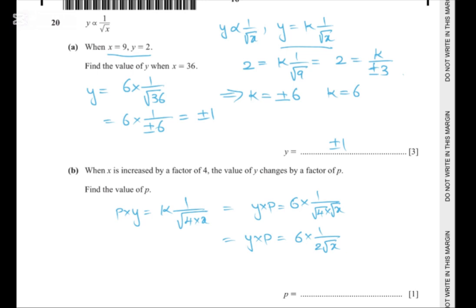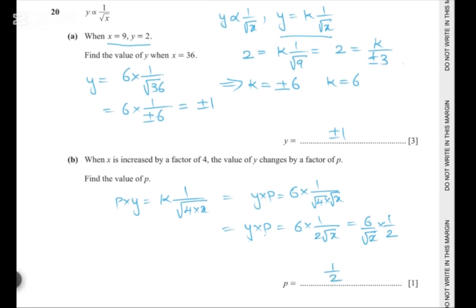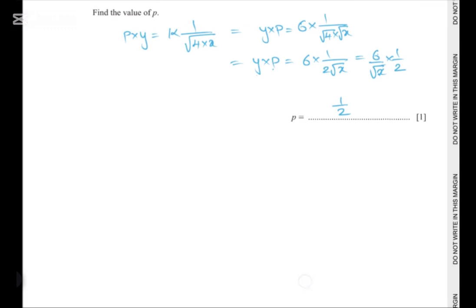So already we know that y is 6 by root x. So let it be 6 by root x, and then what is multiplying to it? 1 by 2. So that means p is 1 by 2. Because y is 6 by root x, then p will be 1 by 2. So that is 1 by 2. Question number 20 is done.